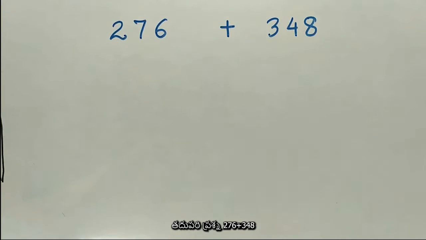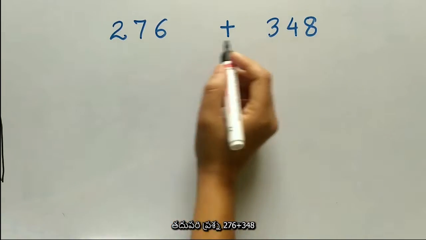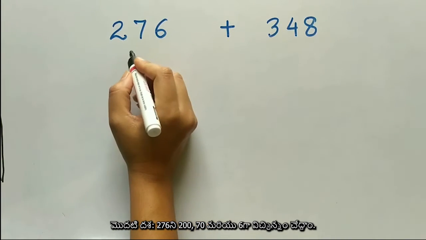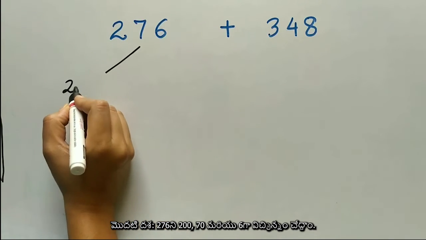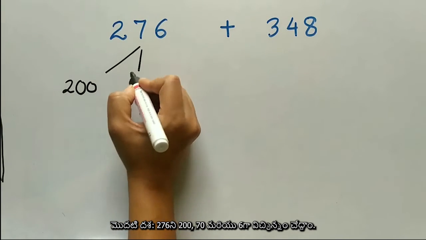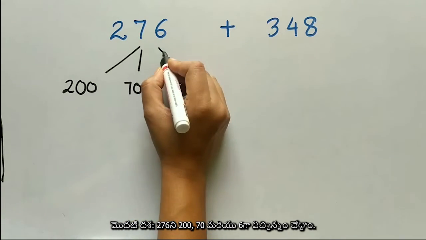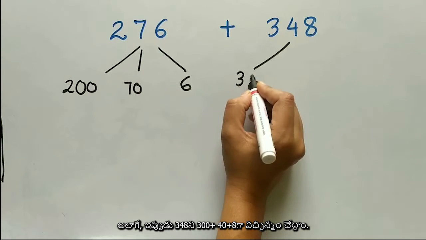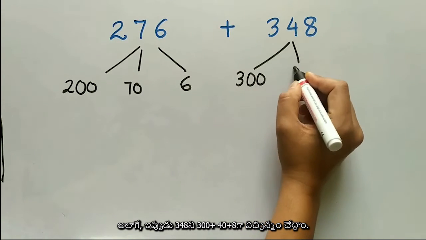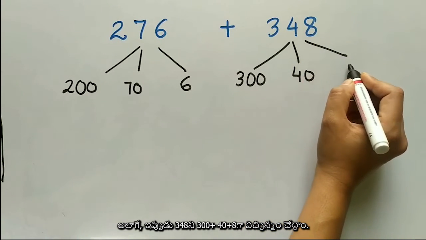The next question is 276 plus 348. First step, let's break 276 into 200, 70 and 6. Now let's break 348 into 300, 40 and 8.